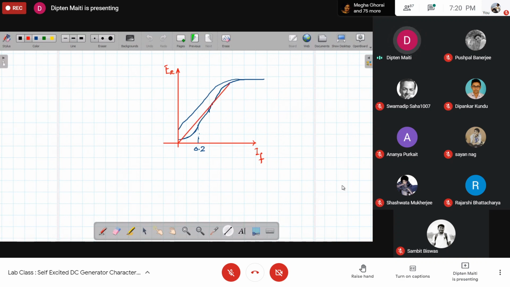My open circuit characteristics was not that good, so it would cut somewhere, and somewhere you would find the most overlapping or the biggest overlap. From that you calculate what would be the critical field resistance.